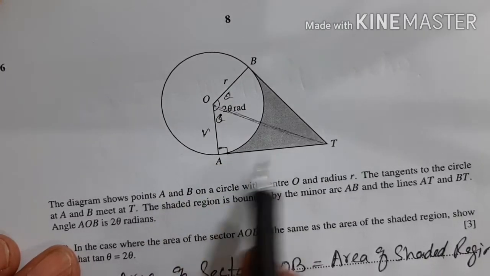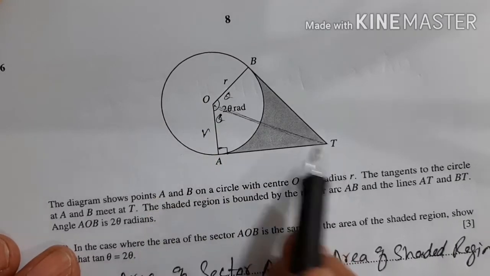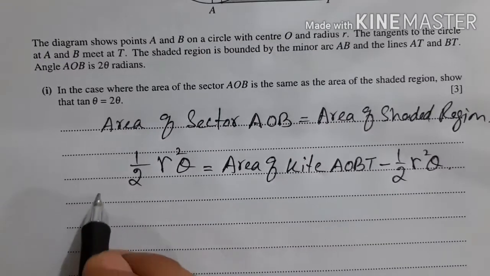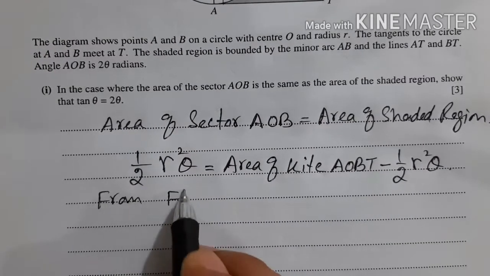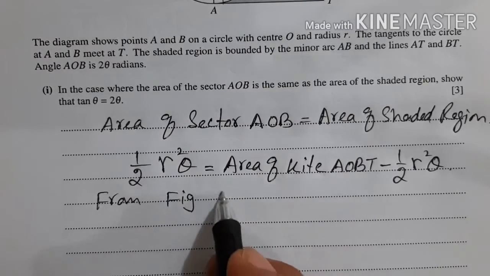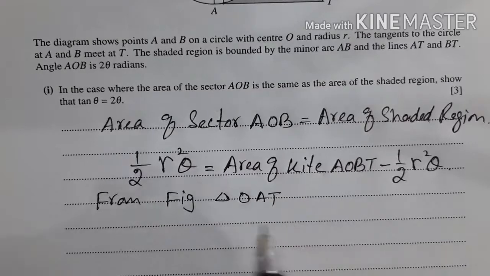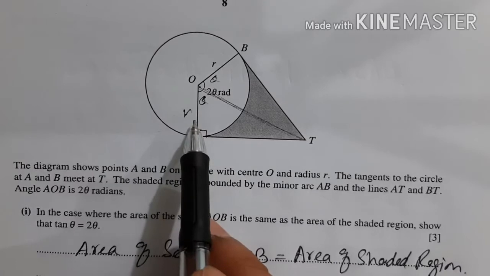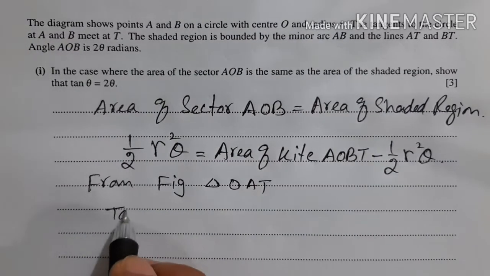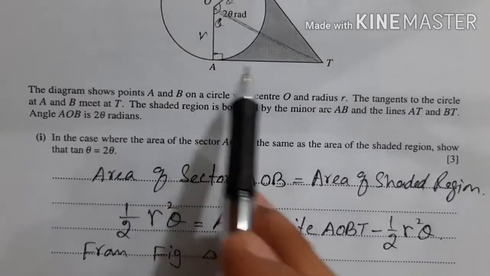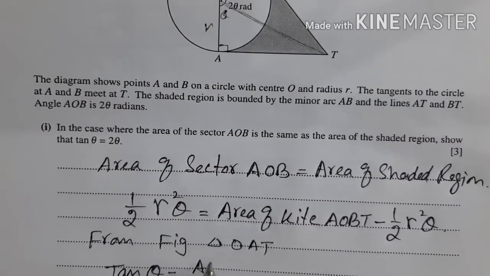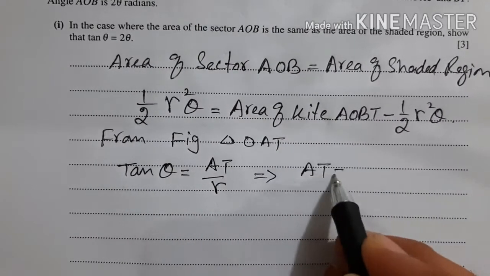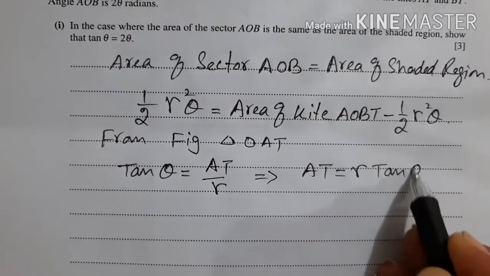AT is perpendicular, this is the base. From the figure, in triangle OAT, tan theta is AT over r. So this will give us AT is equal to r tan theta.